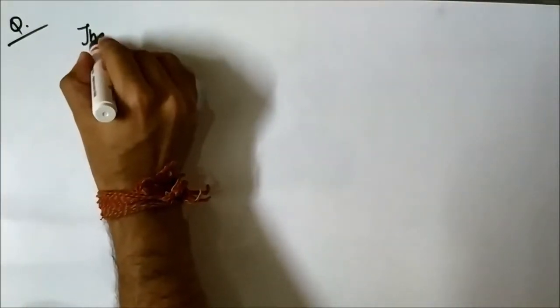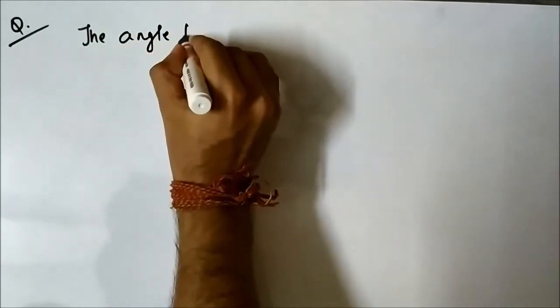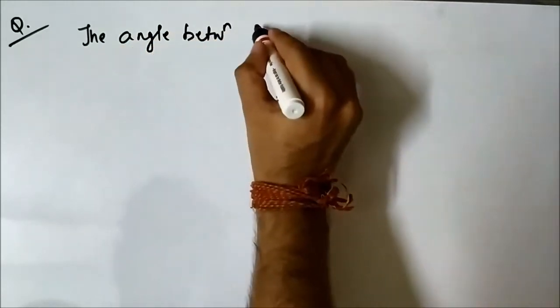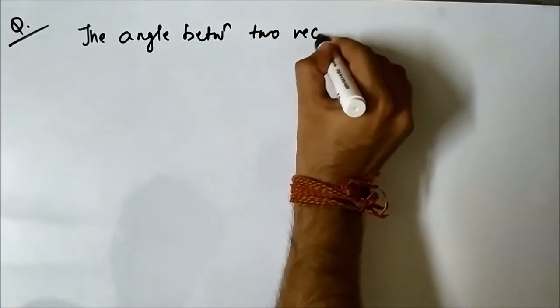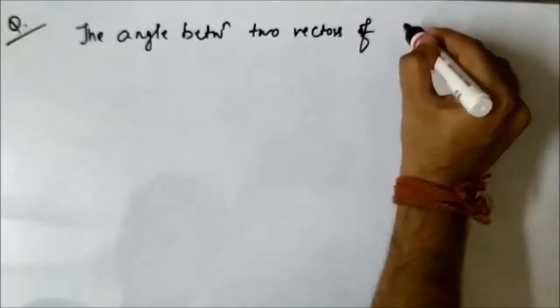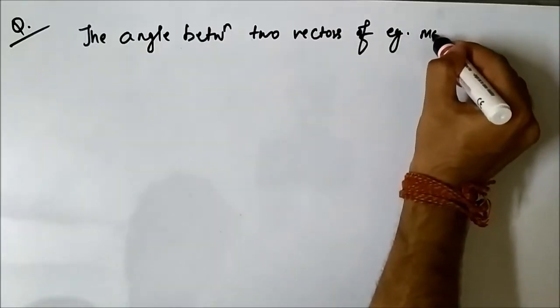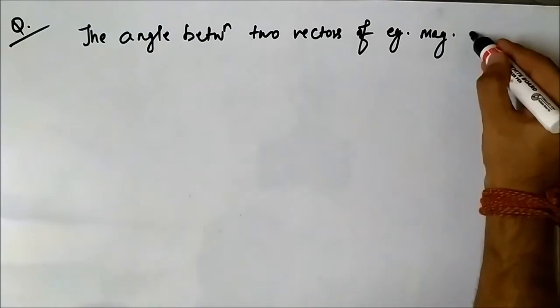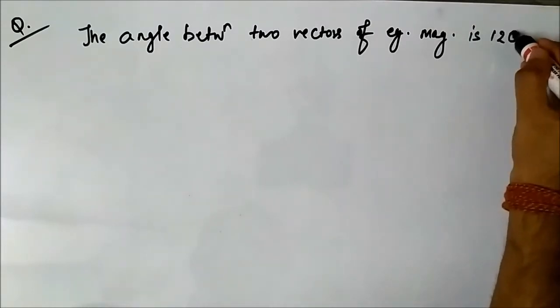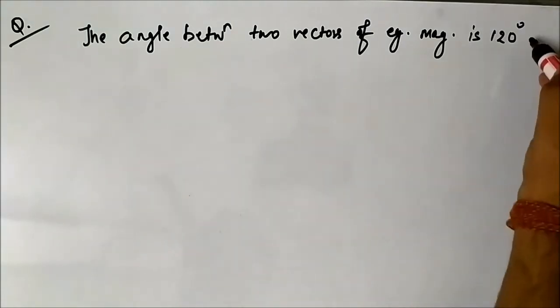So now we'll discuss the third question on the concepts of vectors and the properties of vectors. The question says that the angle between two vectors of equal magnitude is 120 degrees.